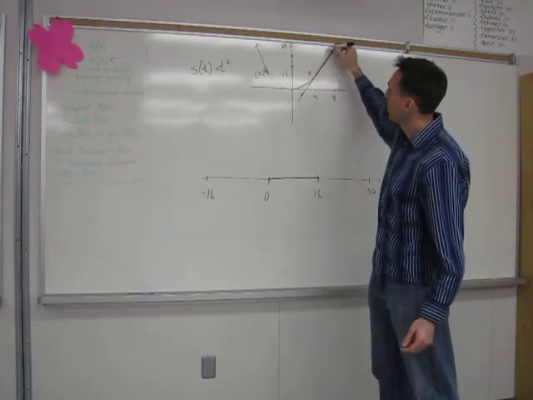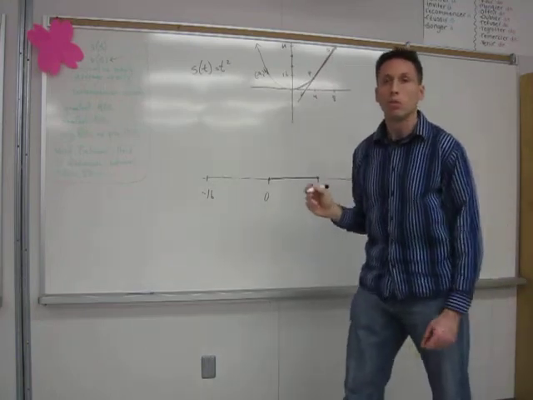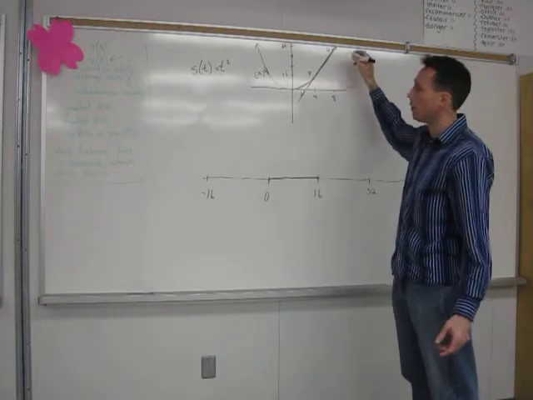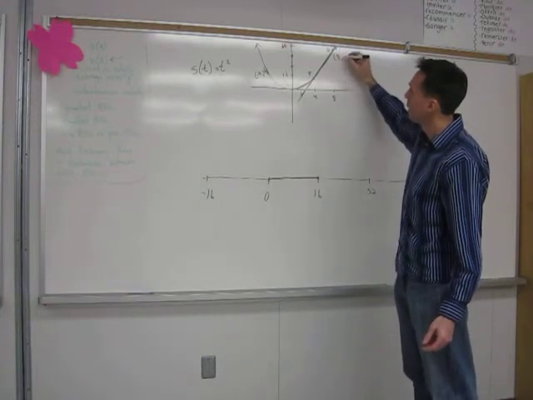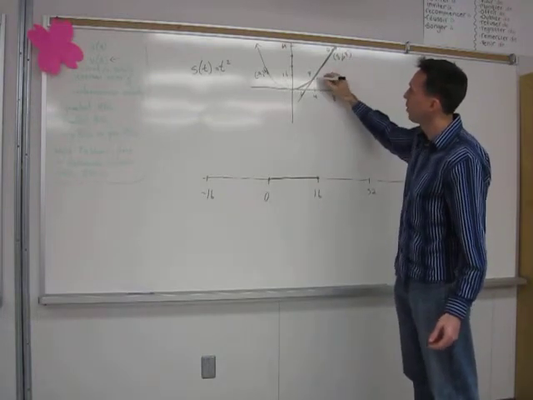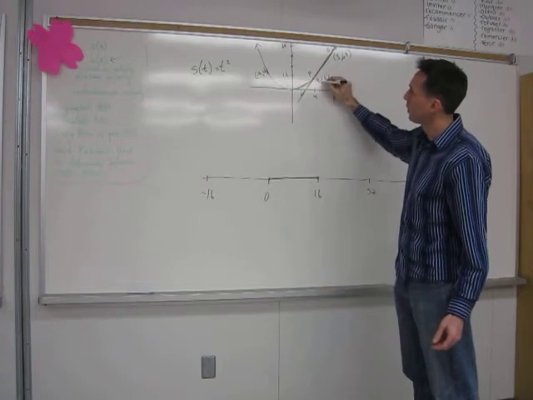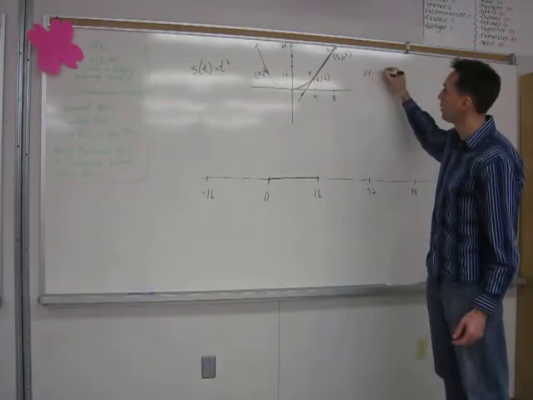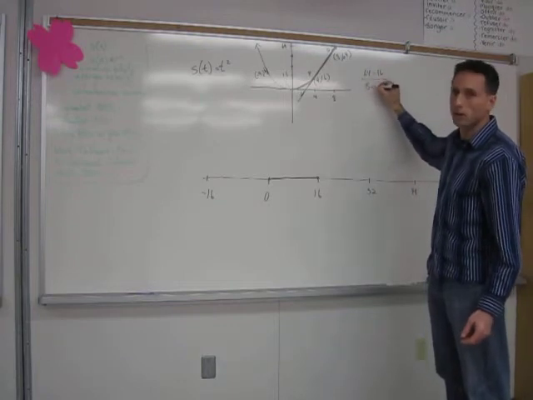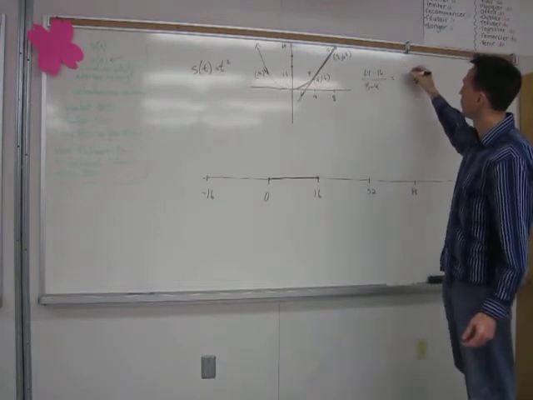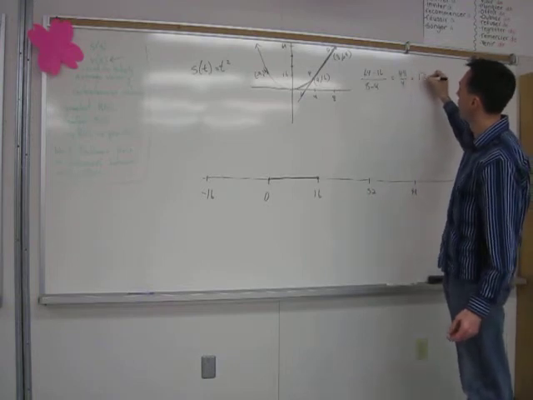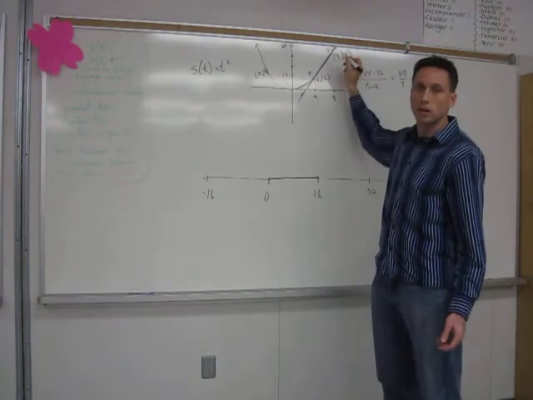Let's call this P and this Q. Well, we figured out the average rate of change is simply delta y over delta x. Here we have 8, 64. Here we have 4, 16. Delta y over delta x is 64 minus 16 over 8 minus 4, which equals 48 over 4, which equals 12. The slope of this line is 12.